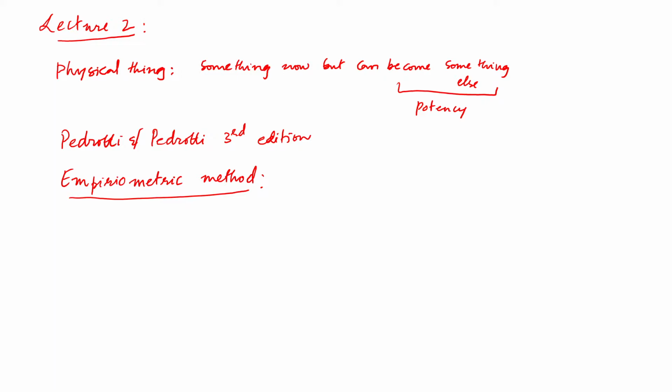So when Newton was expressing the universal law of gravity in a mathematical form, you know that F, the gravitational force, is G m1 m2 by r square if you have two objects, let's say m1 and m2, that are separated by a distance r.